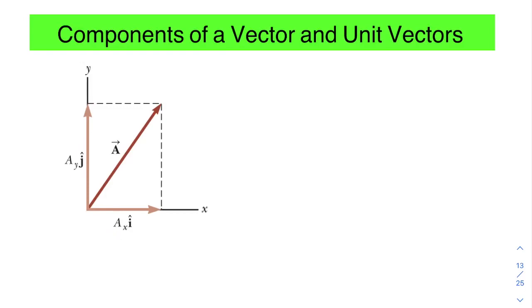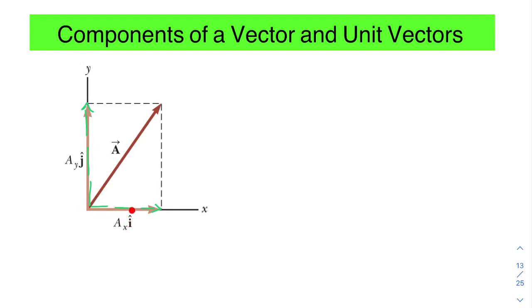As we learned in the previous topic, this is the way we draw the component Ax of A and also Ay. The component Ax is here and the component Ay is here. Instead of putting it as Ax only, it will be proper to put Ax with the unit i.